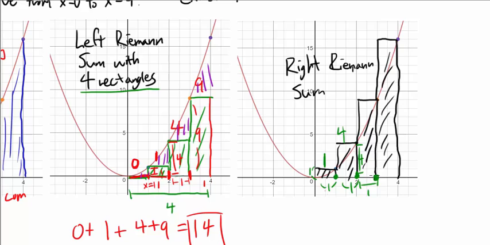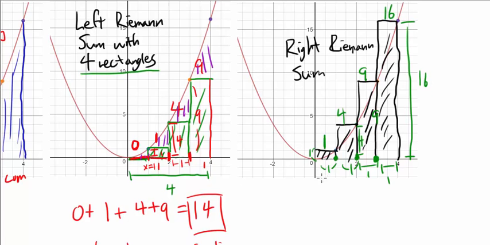For the height, you're plugging in 3 into the equation, 3 squared, or 9, so the area is 9. For the next one, the width is 1, and you're plugging in 4 into the equation to get the height, which is 4 squared, or 16, so the area is 16. And using the right Riemann sum, we get an approximation of not 0, but 1 plus 4 plus 9 plus 16, or 30.